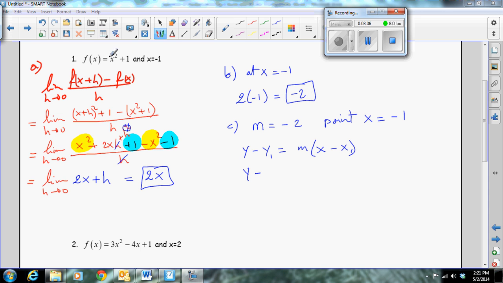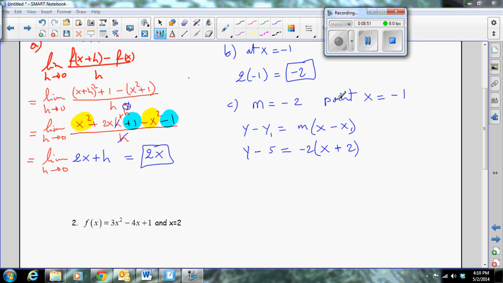In case I plug in -2 here, I get 4. 4 plus 1, 5. So y minus 5 is equal to m, which is -2, times x minus x1, which is x plus 2. If I rearrange it, this is a 1 because we're plugging x equals -1. So if I plug in -1 for x1, I get a +1 here.